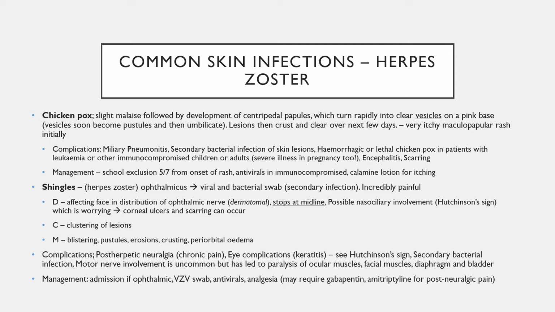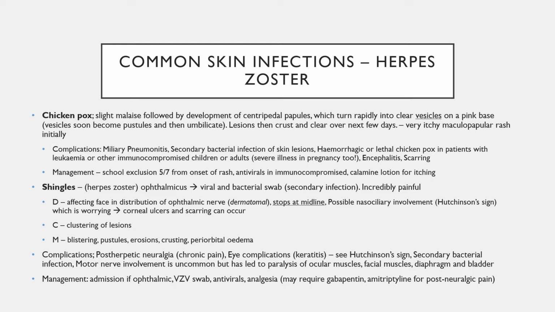I've gone into a bit more detail on this slide with herpes zoster ophthalmicus because it's quite an important one to look out for, more of a medical emergency. With all of them, it's important to do a viral and bacterial swab. But basically, herpes zoster ophthalmicus is when it affects the ophthalmic nerve dermatome.